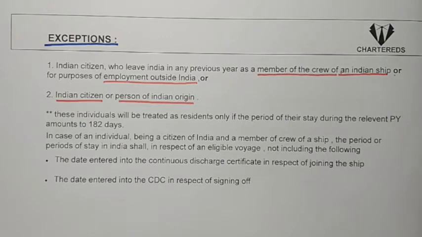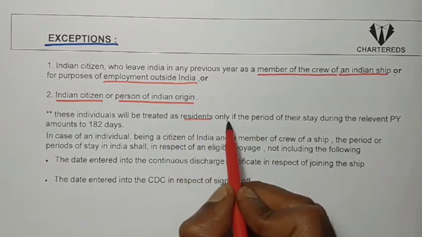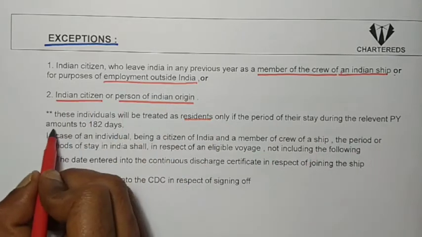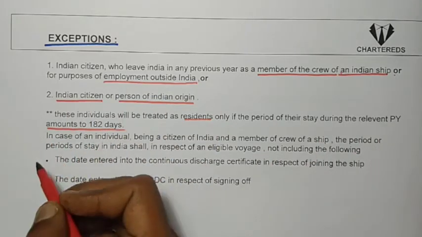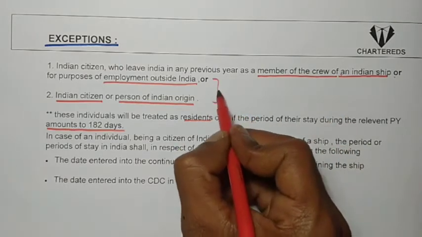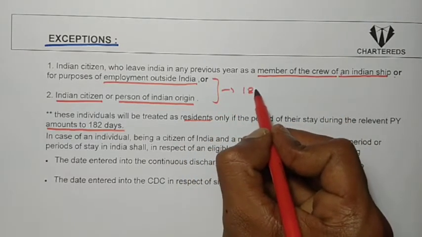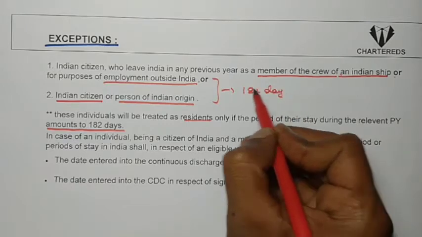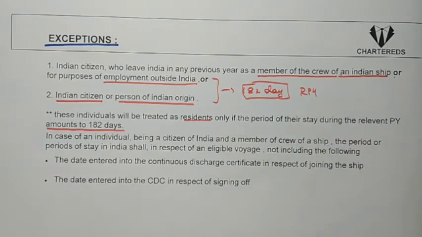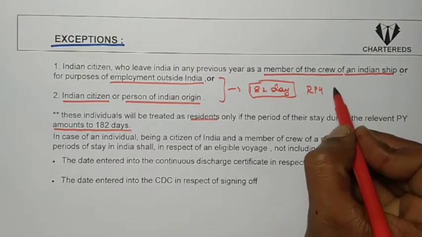These individuals will be treated as residents only if the period of their stay during the relevant previous year amounts to 182 days. So, if these persons stay for 182 days in the relevant previous year, they will be called resident.